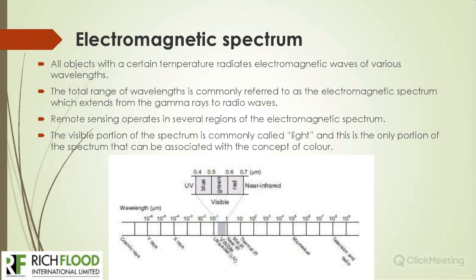So this is a pictorial diagram that tries to describe the range of wavelengths along the electromagnetic spectrum, and different objects on the Earth's surface reflect this electromagnetic energy that has been transmitted to them within this wavelength.